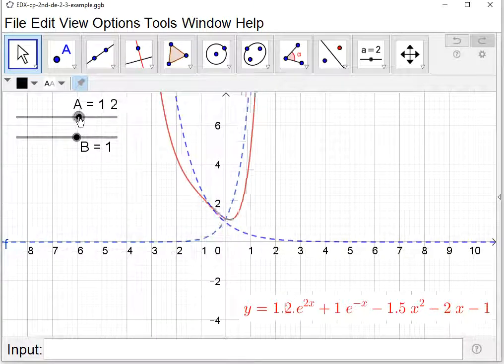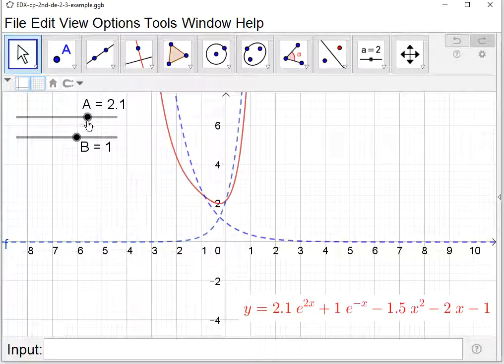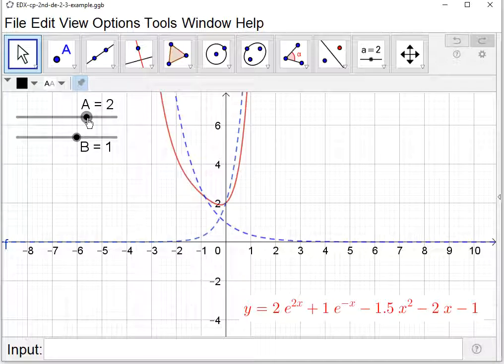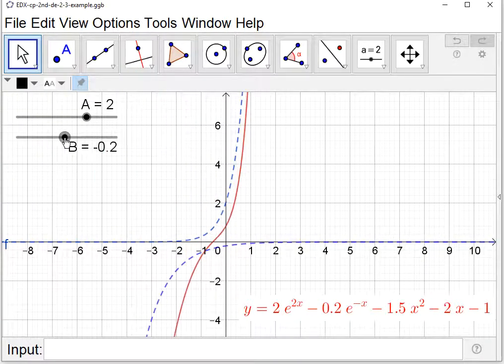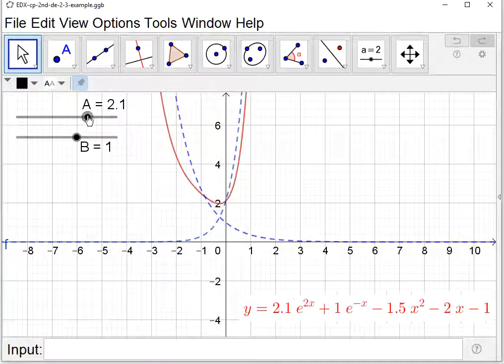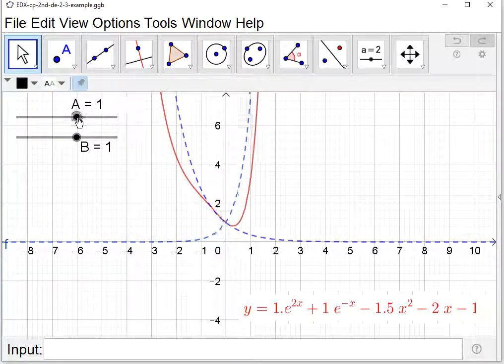One thing we can note straight away is that the y-intercept when x is 0 is going to be the 2 plus the 1 minus the 1, or in other words a plus b minus 1. So at the moment the y-intercept is 2 plus 1 minus 1, which is 2. So by changing a and b we can control the y-intercept, which is a plus b minus 1.